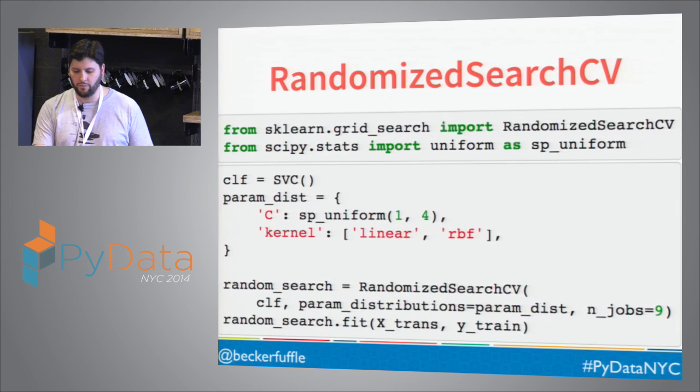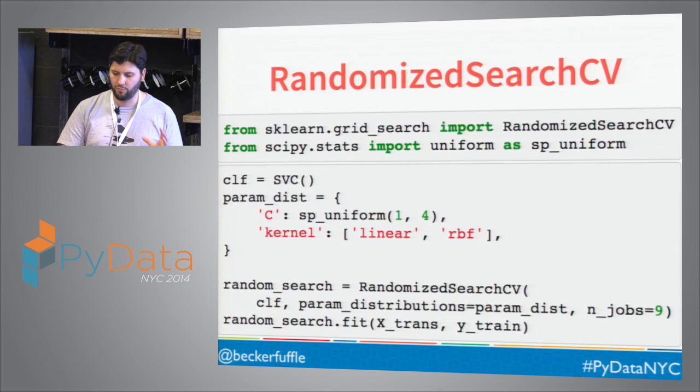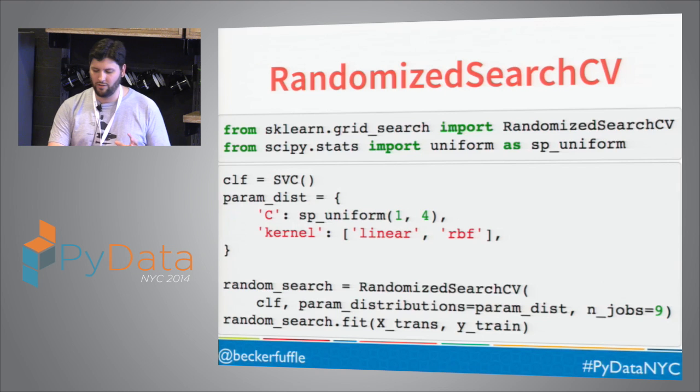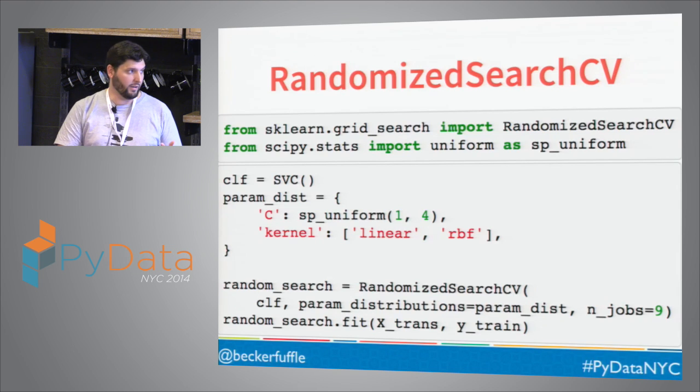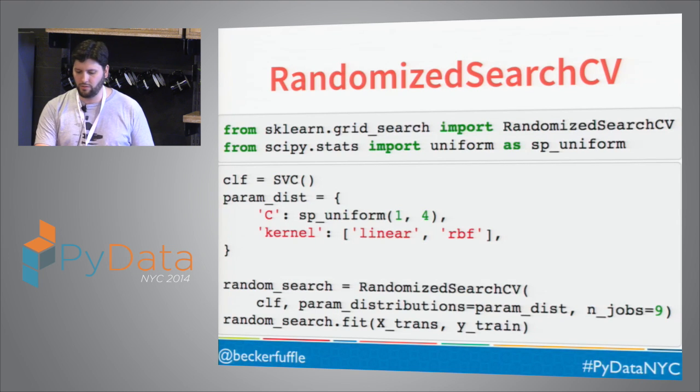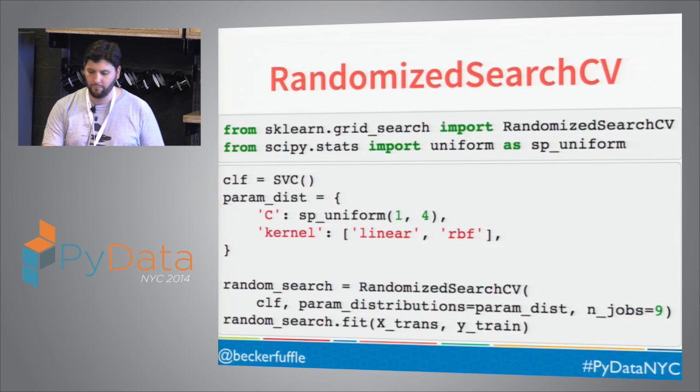The other cool thing that randomized search CV does for you is it splits your training set into multiple random chunks called folds, and then it uses a random set of these folds for training and another separate set for testing the trained classifier. This is what's called cross-validation, and cross-validation helps you ensure that you're accurately measuring the performance of your classifier.